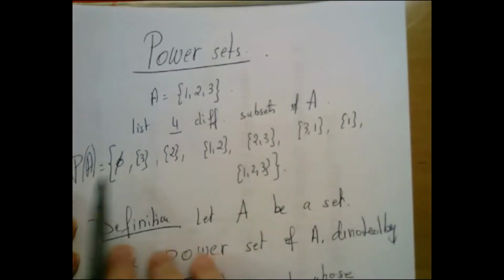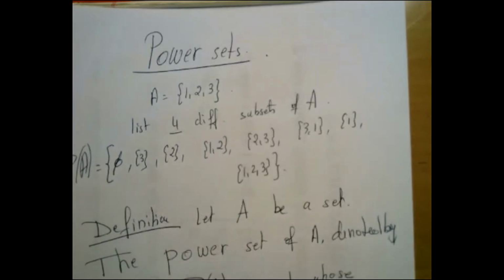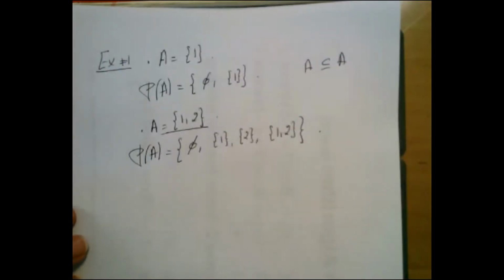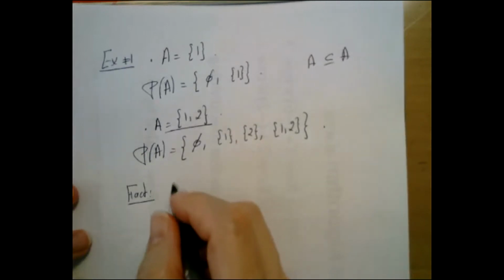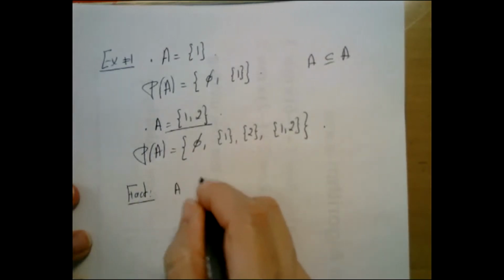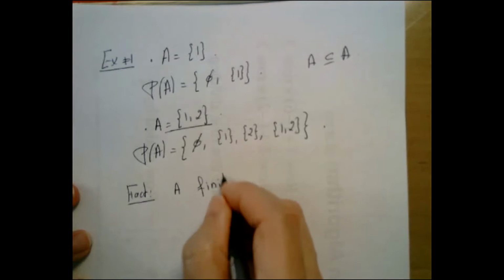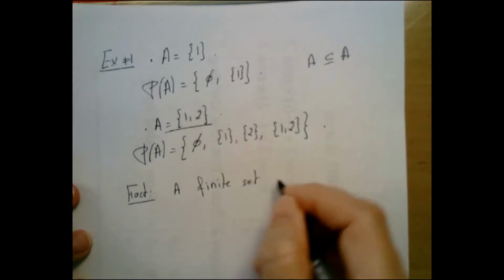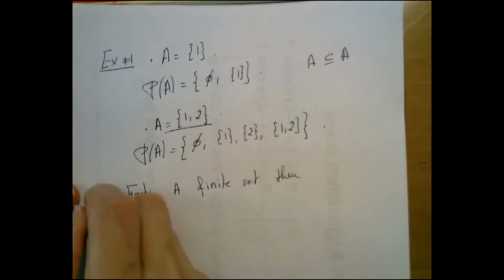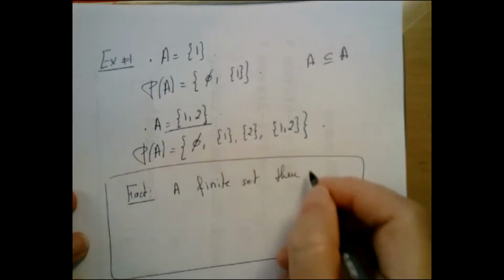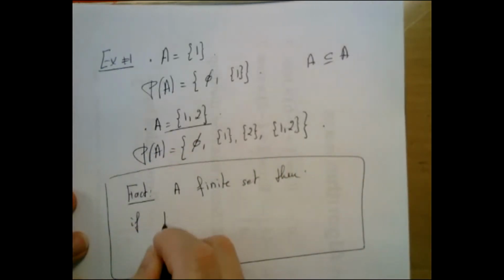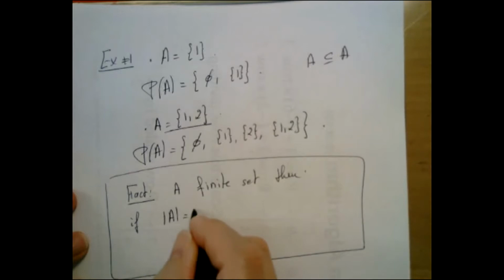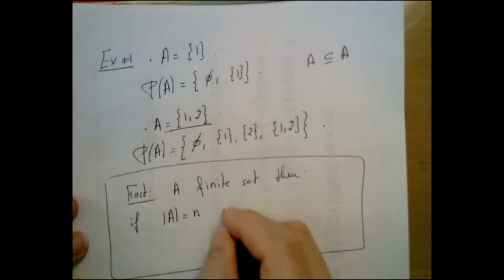Now at the beginning, we took A to be {1, 2, 3}, and we also computed its power set, which is all the subsets. There is a fact that I will prove very soon when I start working with how to count things. Suppose A is a finite set, and the cardinality of A is n.